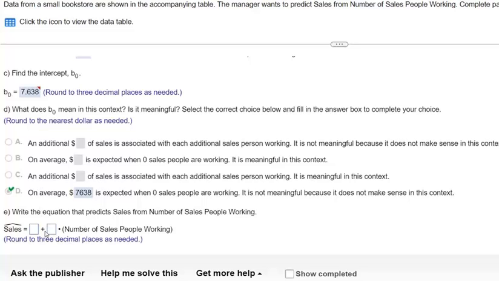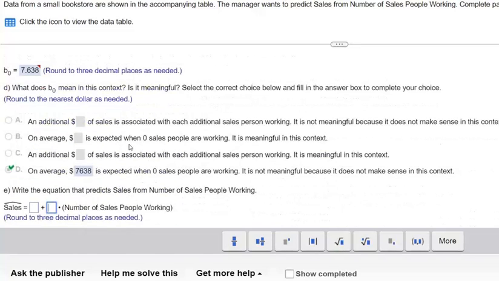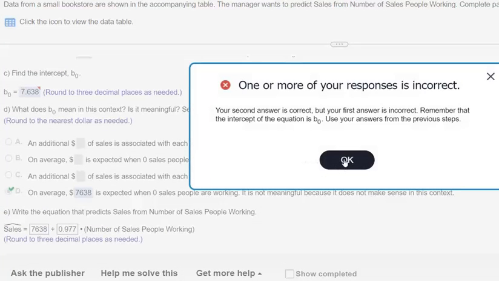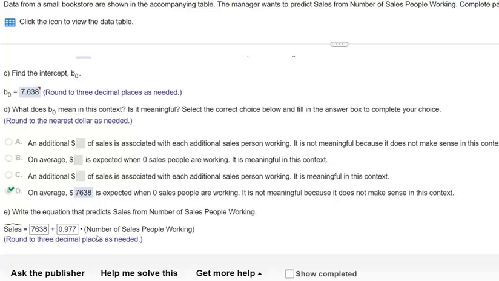Okay, and then this part, they want you to plug in the values into the regression equation. Look, the slope is always attached to your x variable. So I'm going to put my answer for the slope, 0.977 here. Then the y-intercept's always hanging out by itself. That should be the equation. Uh-oh. What did I do wrong? Sales from number of salespeople working.